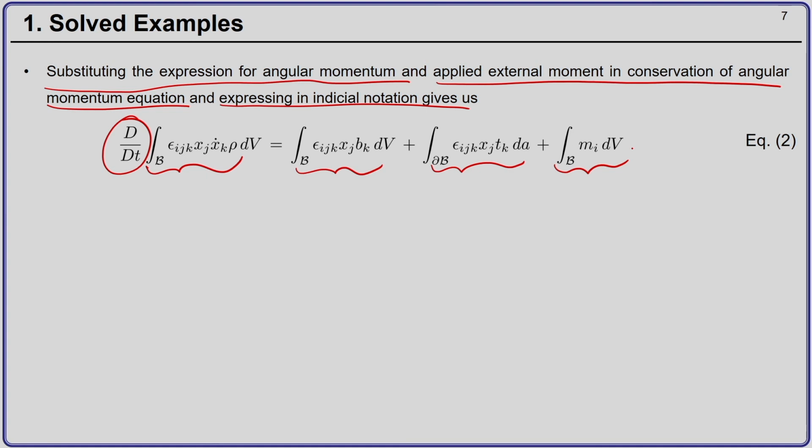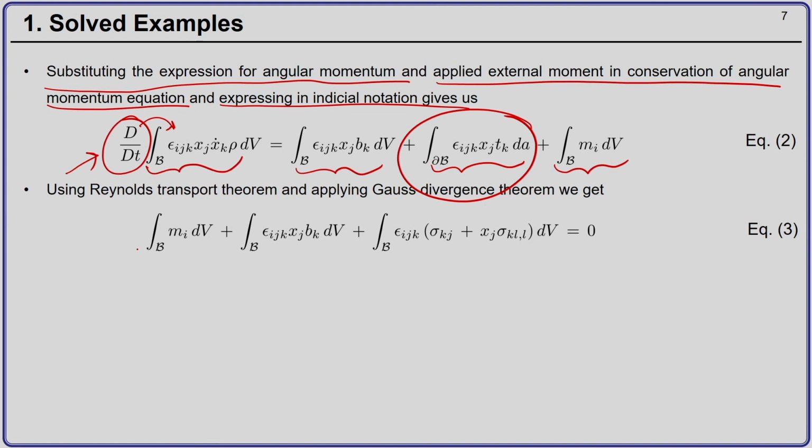Now, using the Reynolds transport theorem for extensive quantities, we can take this inside, and then apply the Gauss divergence theorem to convert the integral over the surface to an integral over the volume. So, we get the total distributed moment plus the moment of the body forces should be equal to epsilon i j k sigma k j plus x j sigma k l comma l.